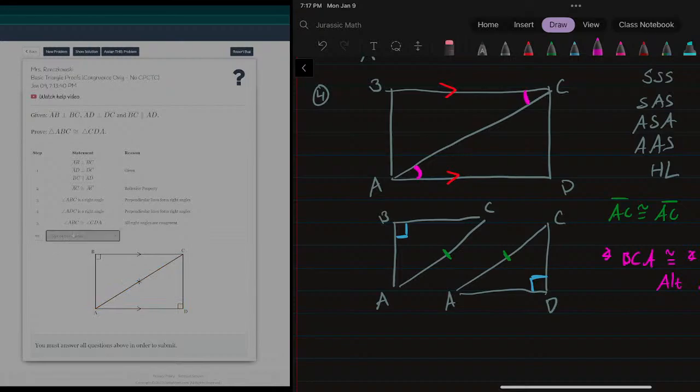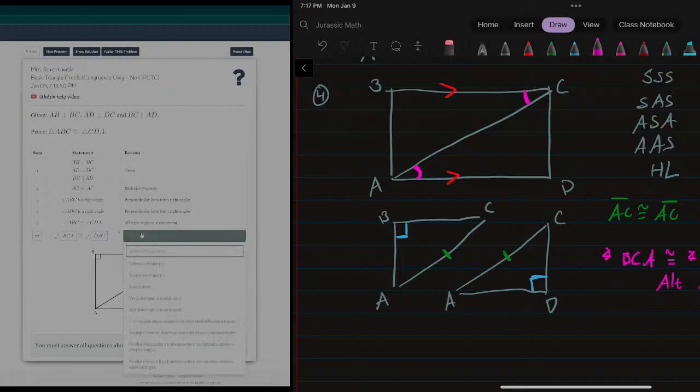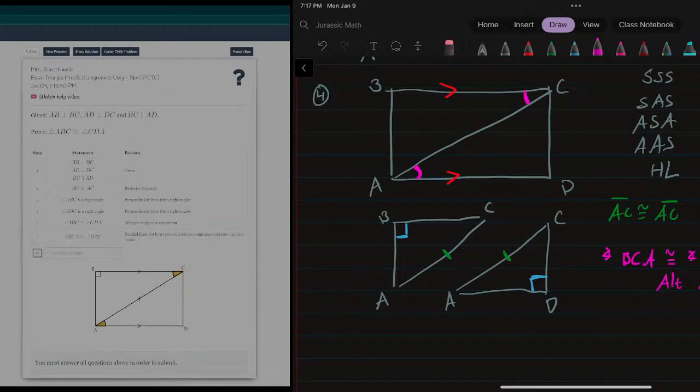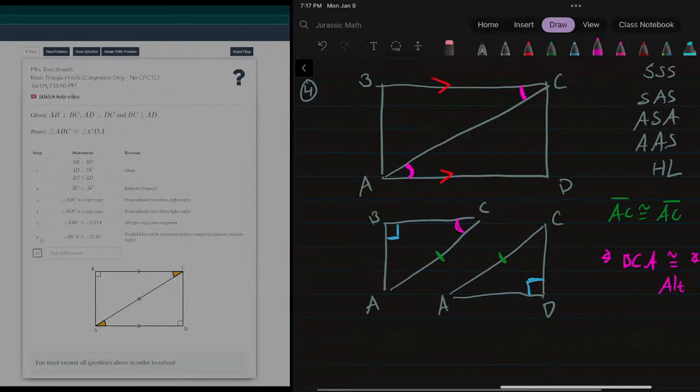So, click on the angles again, BCA, and DAC by, oh, that's a lot, I can't see it, so I'm going to type in interior, there it is. Parallel lines cut by a transversal form congruent alternate interior angles. Done. There we go. So now we know that this angle and this angle are the same.